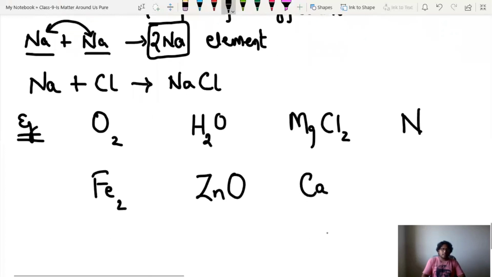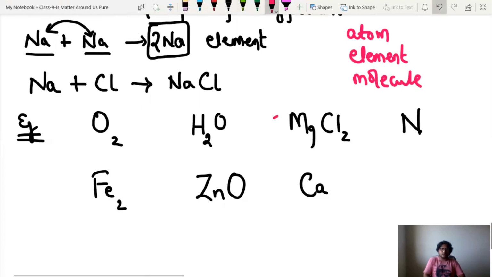Now you need to identify which one is atom, which one is element, which one is molecule. It is easy to identify. I told you, if you find any single letter, single symbol, it is atom. Element in the sense it is group of similar atoms. Molecule, group of different atoms.